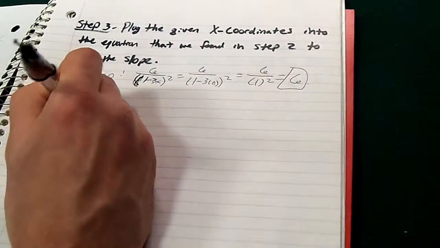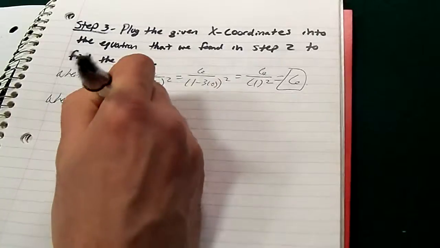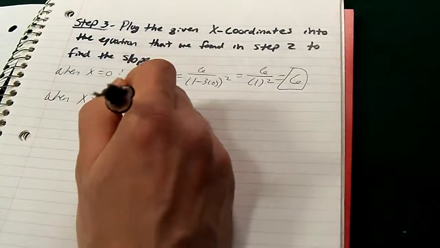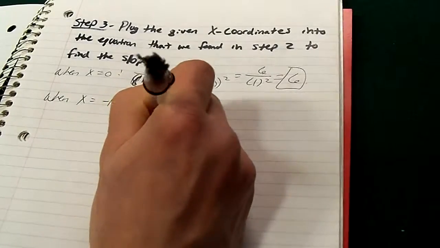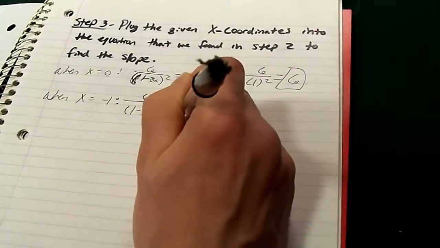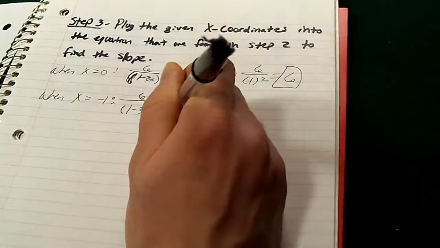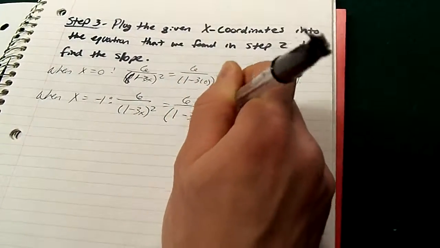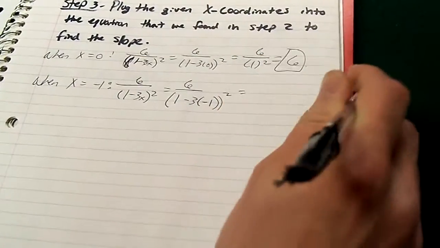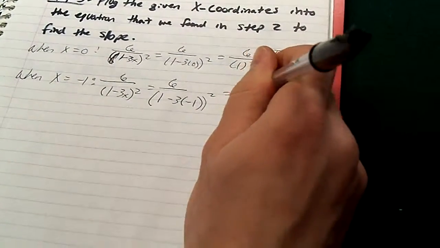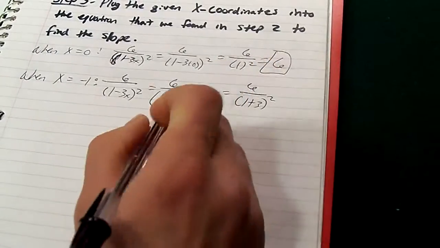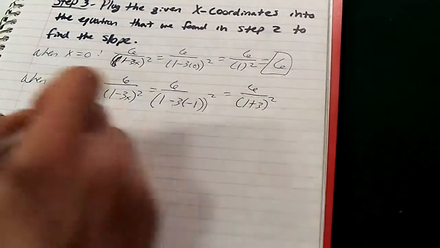So now when x equals negative 1, we're going to plug into our equation once again, 6 over (1 minus 3x) squared, and this will turn to 6 over (1 minus 3 times negative 1) squared, which equals 6 over (1 plus 3) squared, because negative 3 times negative 1 is plus 3.